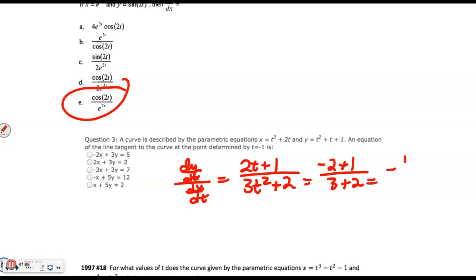So you guys get a slope of negative 1/5? Yes. Okay. And what was your point? Plug stuff in. Negative 3, 1? Yep.